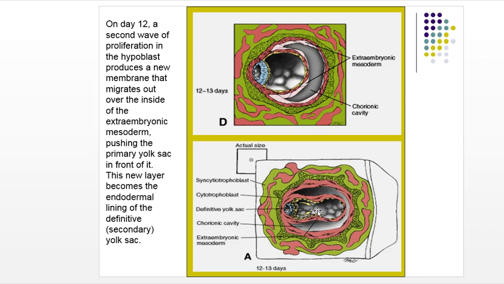These new layers become the endodermal lining of the definitive or secondary yolk sac. It means that in these days, a new yolk sac is formed from the hypoblast cells, and the name of this new cavity is the secondary or definitive yolk sac.